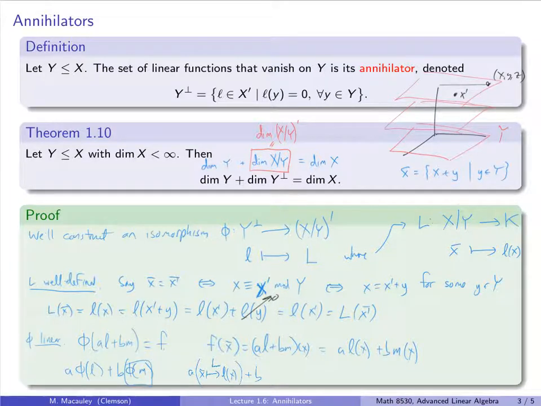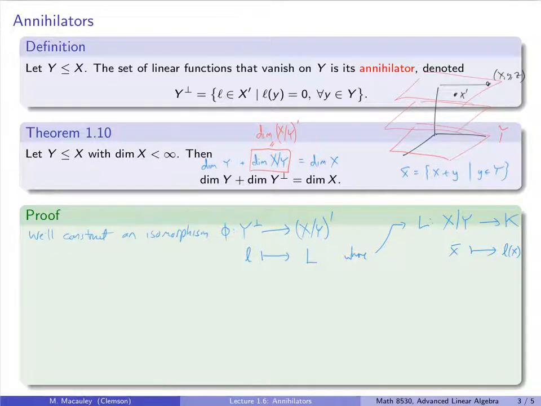A times L plus B times M. So A times L is this function and B times M is this. Okay, so as I said, I think the notation is worse than the actual intuition itself. So now I am out of room. Let me show that it's one-to-one and onto on a new slide, though I think really both of these are almost trivial enough that we can omit them.